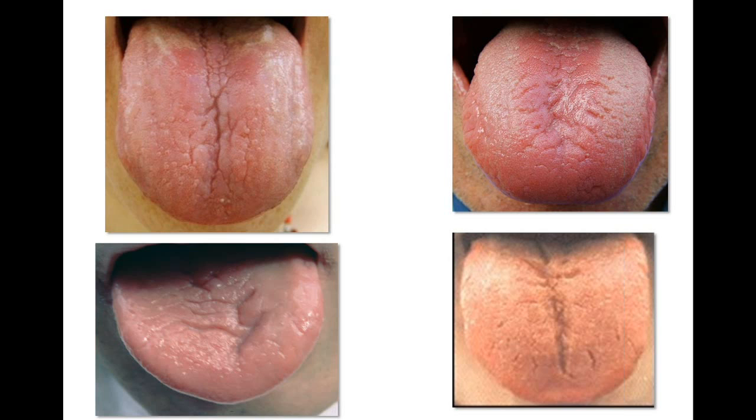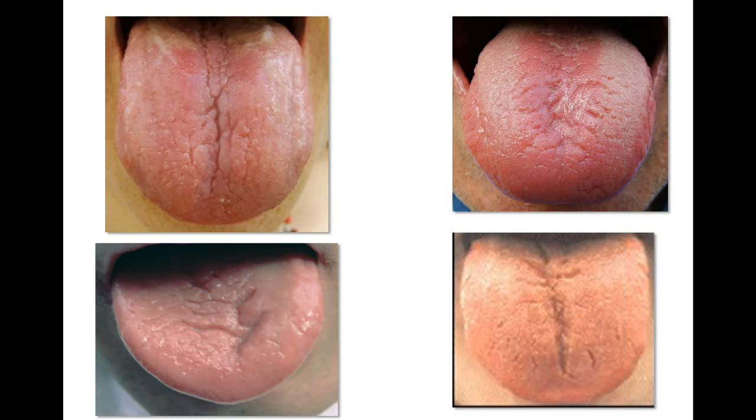And notice that here in this slide we have four tongues. They're all quite different from each other, but they all indicate Stomach-Yin deficiency. All of them. Some are redder than others. For example, the two at the bottom have a normal color, but no coating. So that is Stomach-Yin deficiency.